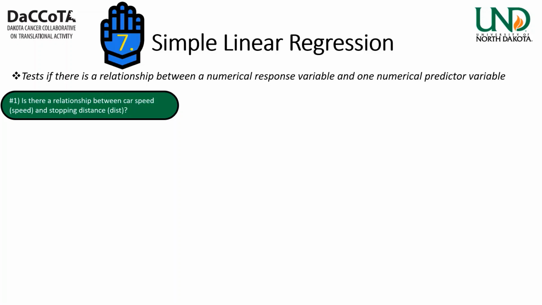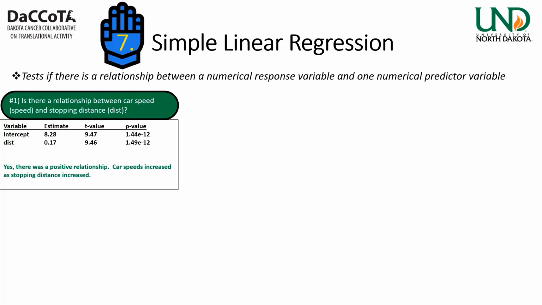So without further ado, let's look at yet another car data set. Is there a relationship between car speed and stopping distance? Here, I'm going to show intercepts because that is something that's important for graphing, though I'll just focus on the variables that we're interested in. So distance had an estimate.